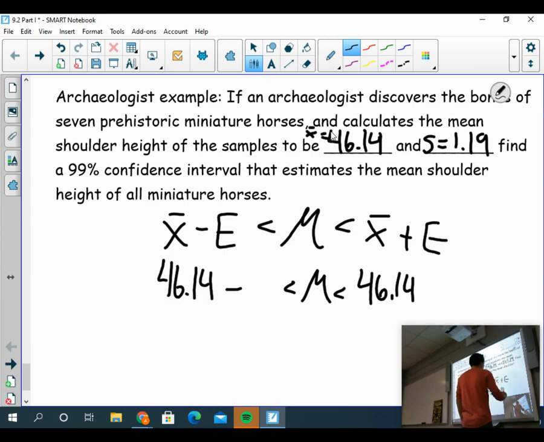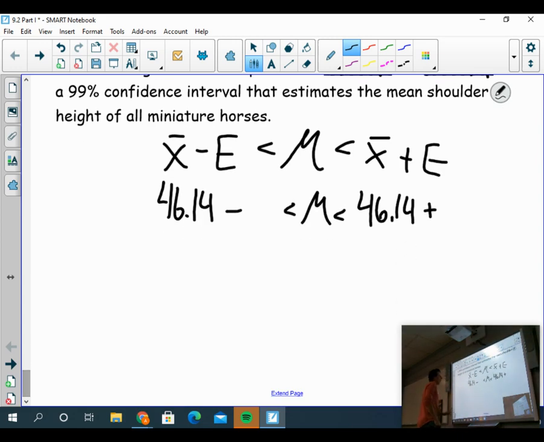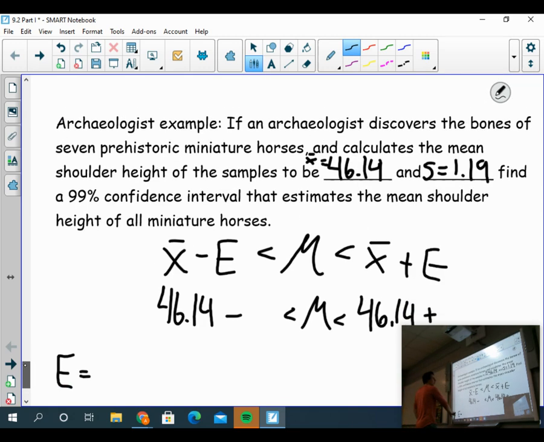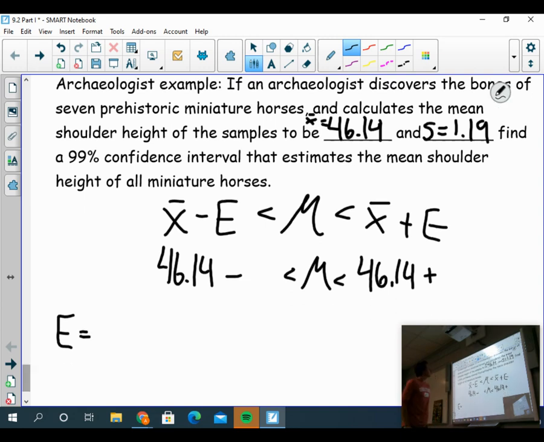But what we have to remember is that in calculating that margin of error, in order to have an accurate margin of error, we need to be able to discern what's happening in our problem. In our problem, we only have a sample size of 7, and we do not know the population standard deviation.